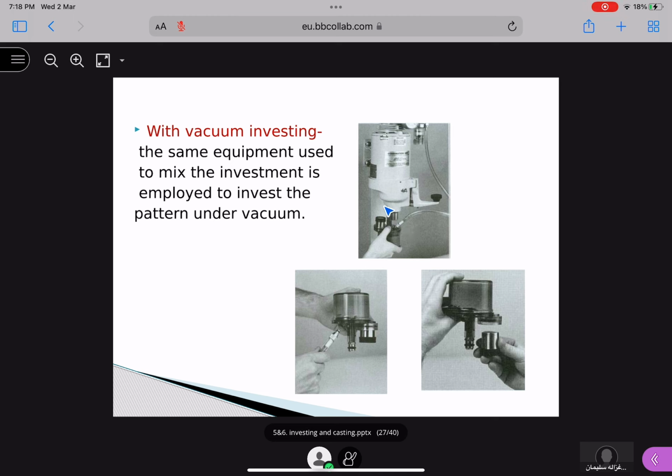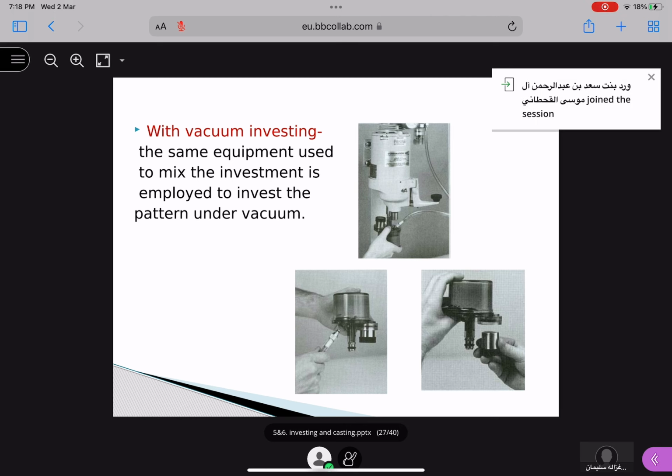This is the same instrument which is used for mixing, and it can also be used to fill under the vacuum. You can see here, this is the mixing in this part. You can mix it with the help of the machine, and in this part you can see it can be removed, and you can attach here also to fill your casting ring.